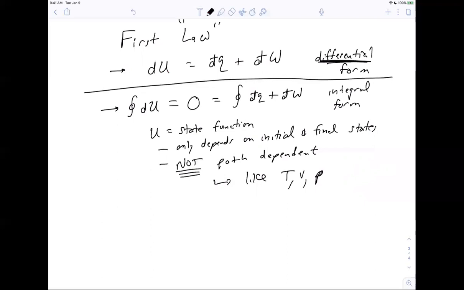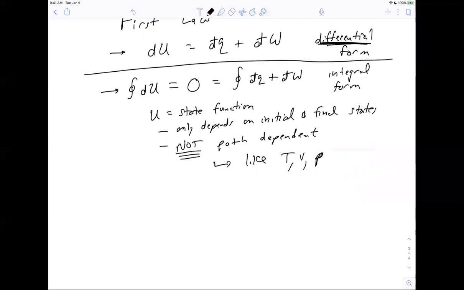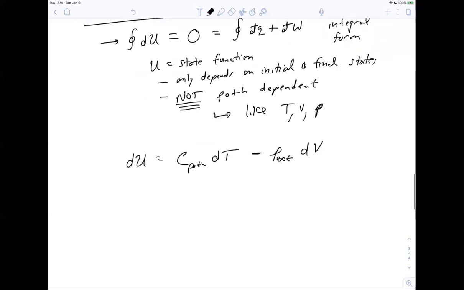All right, so if we now know our expressions for heat and work, we can get some insight into what we can do with the internal energy. So let's take a look at this. We know that dQ is equal to C_path dT, and we know dW is equal to minus P_external dV. So this is a very general form now.